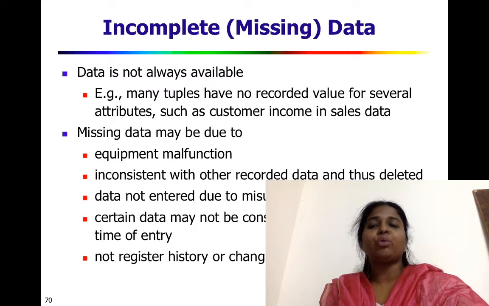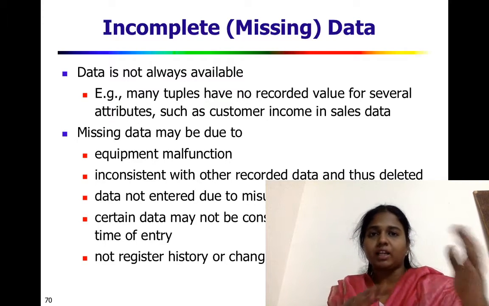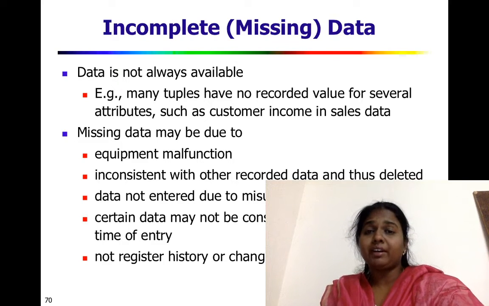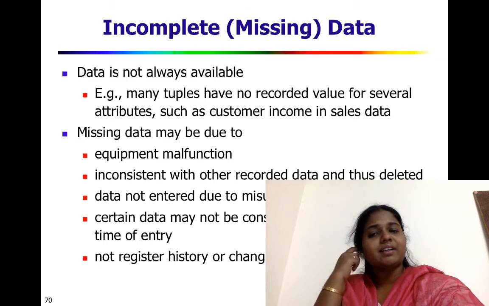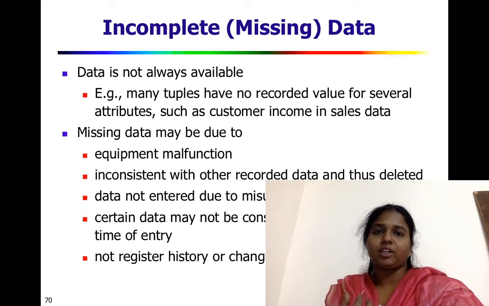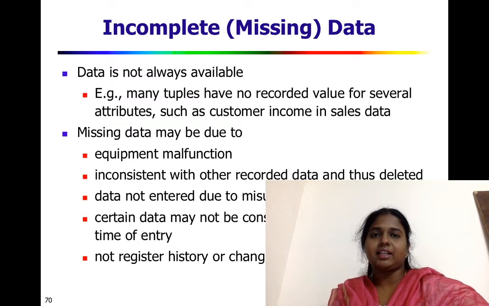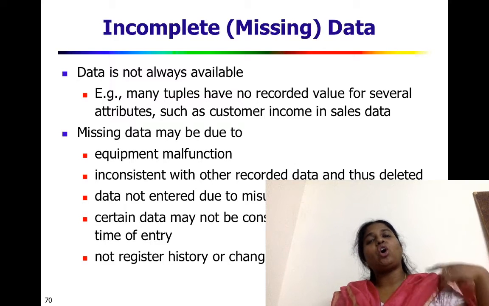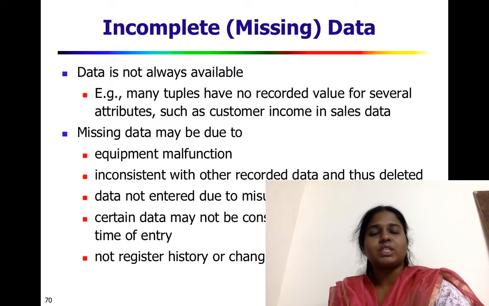So it may be due to an equipment malfunction, or it can be because of inconsistency with other records and some of them got deleted, and data might not be entered due to misunderstanding, and certain data may not be considered as important at the time of entry, but later you realized that that data is required, so you added another column, and for all the tuples that existed earlier, that column was empty.